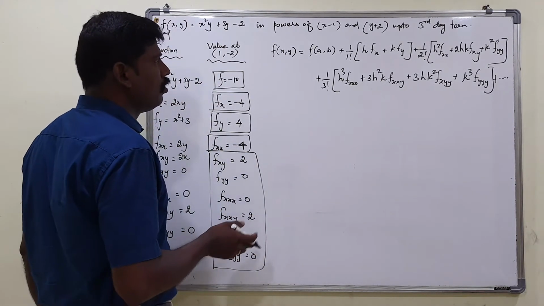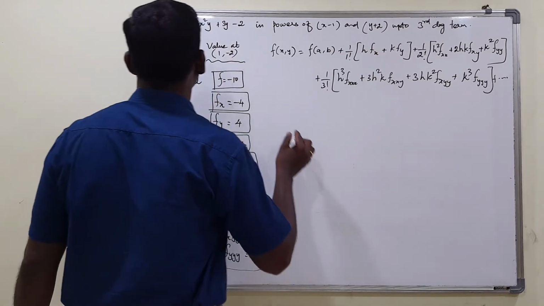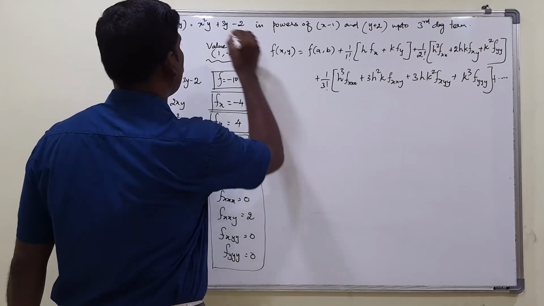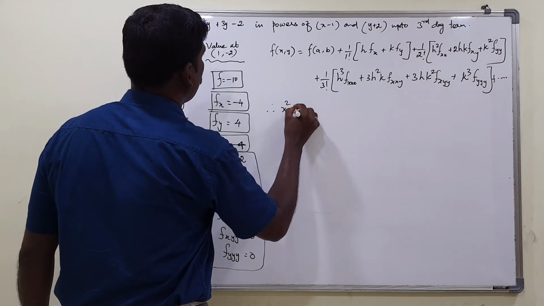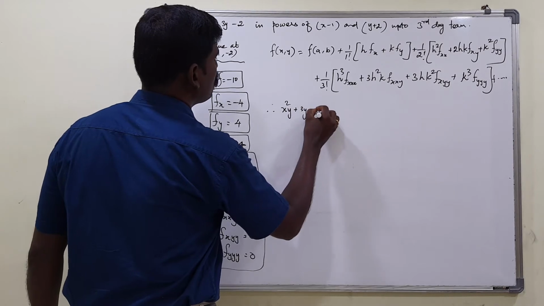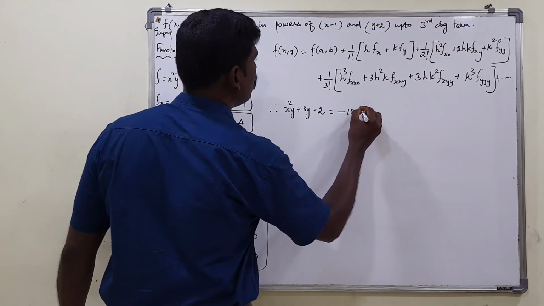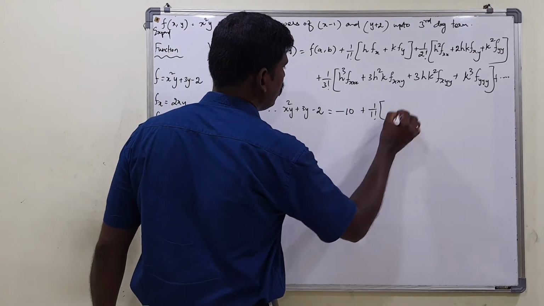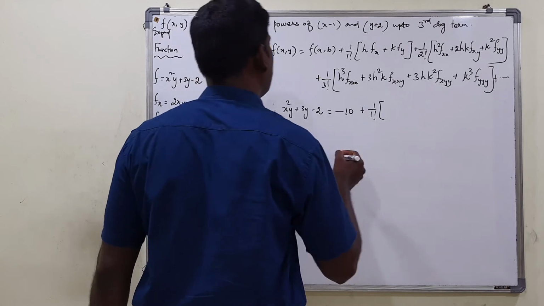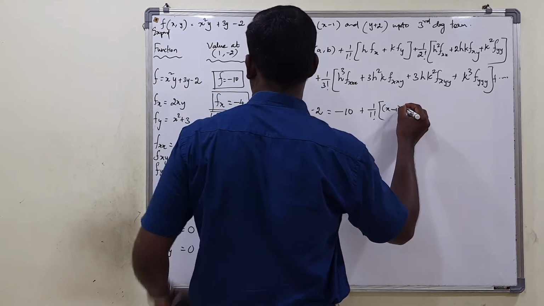So this is the Taylor series expansion of f(x,y) at the point (a,b), right? Now I am going to substitute all these values in this expansion to get the answer. And what is f(x,y)? Therefore x square y plus 3y minus 2 is equal to, what is the value of f? Minus 10 plus 1 by 1 factorial. What is h? x minus 1, isn't it? Into what is f_x?